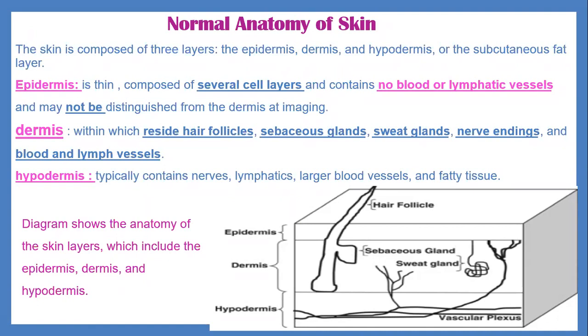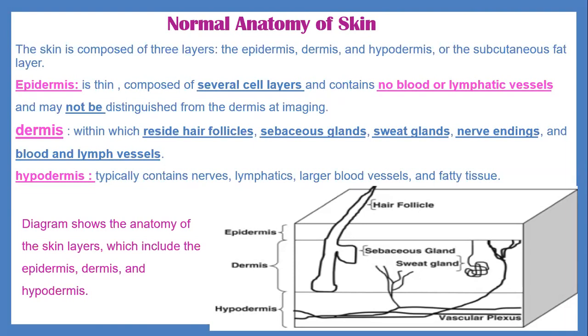The epidermis is composed of several layers and contains no blood vessels or lymphatics. The dermis contains the hair follicles, sebaceous glands, sweat glands, nerve endings, and so on. That is why the sebaceous cyst is related to the dermis.